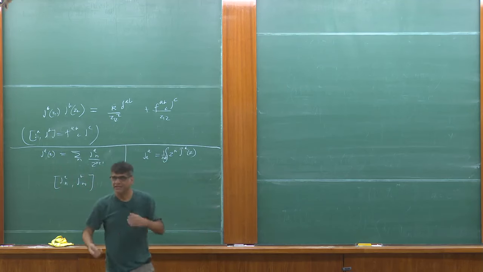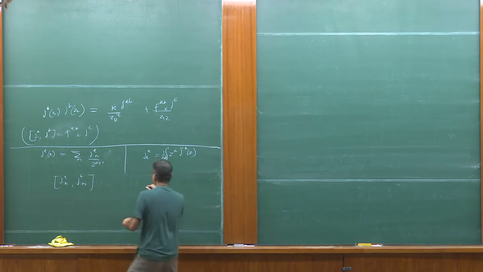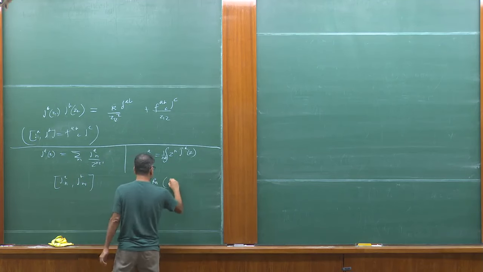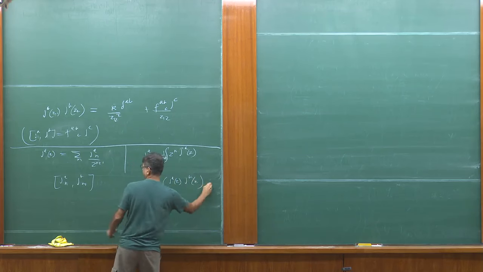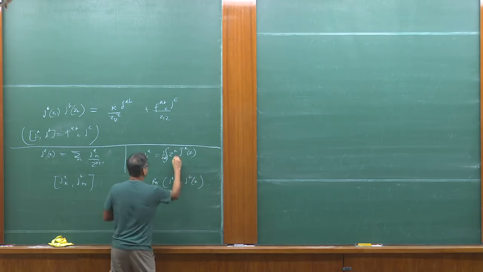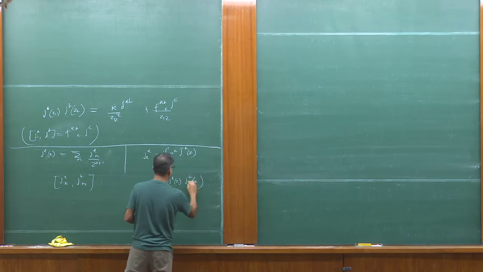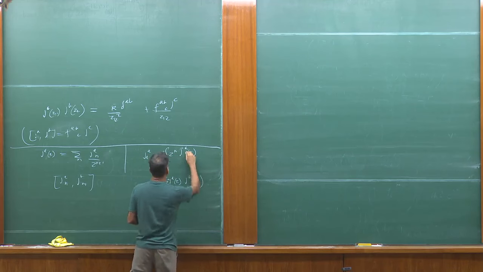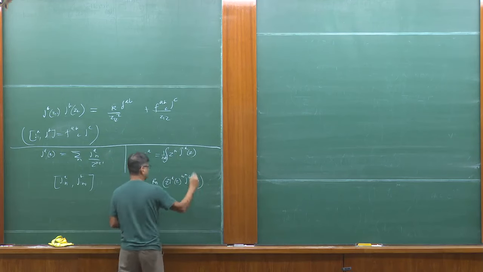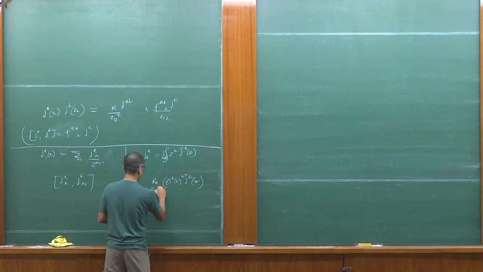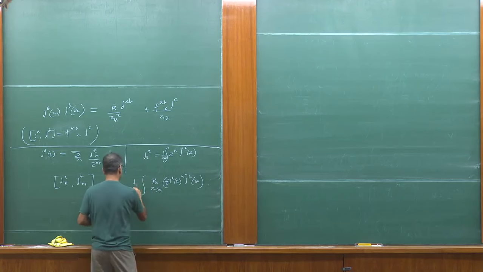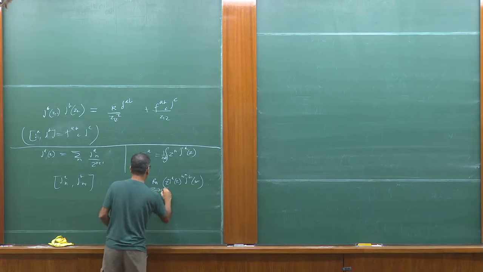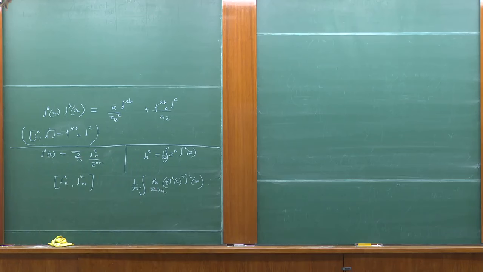So what appears is the residue of J^A(Z) J^B(W) times whatever appears here, in this case Z^n, and let's call the other variable W, with W^m, integrated 1 over 2 pi i with Z going to W. That was our rule, and you remember how we got it, the usual contour tricks and so on. So let's apply this rule.